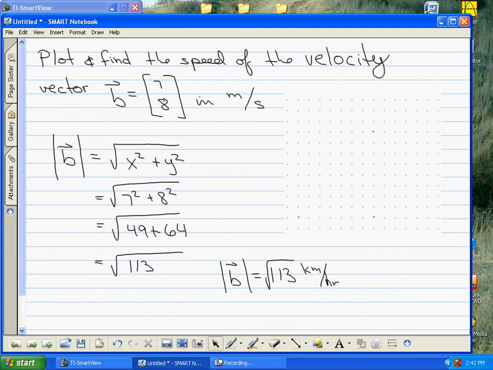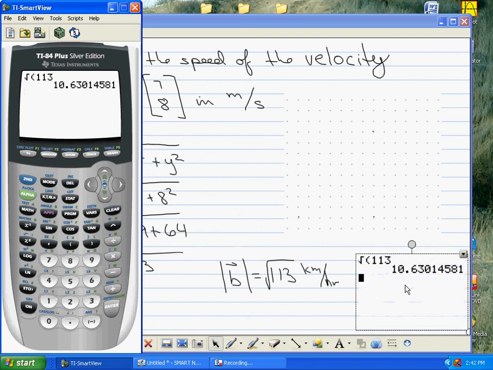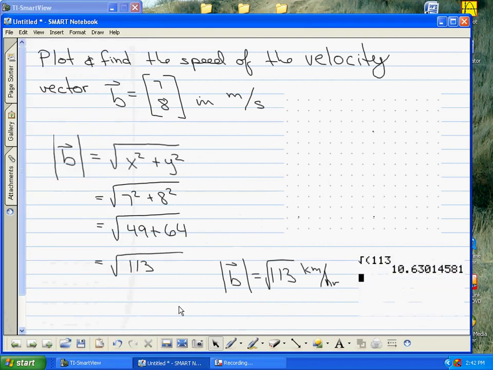Remember, in IB, 3 significant figures suffices. So I'll just take the square root of 113, and that is equal to 10.63014581, or to three significant figures, 10.6 kilometers per hour. Now when I plot this, I first start off by picking an arbitrary point on the graph.